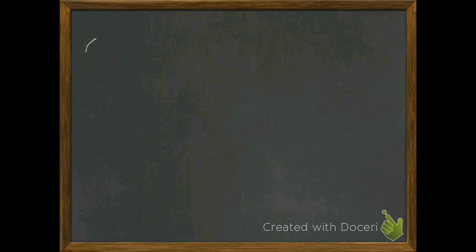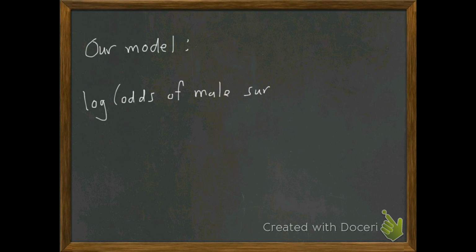All right, gang. Our model: the log of the odds of a male survival is going to be equal to 0.693 times x.